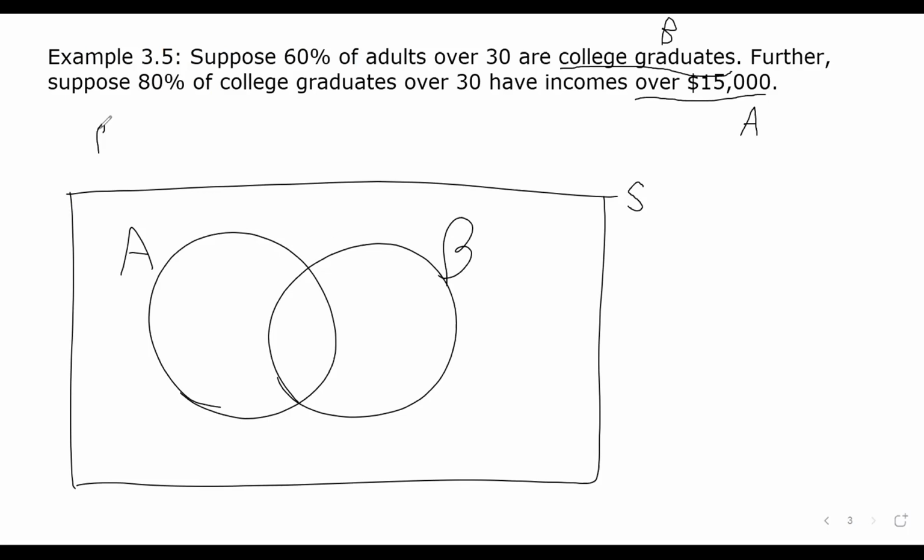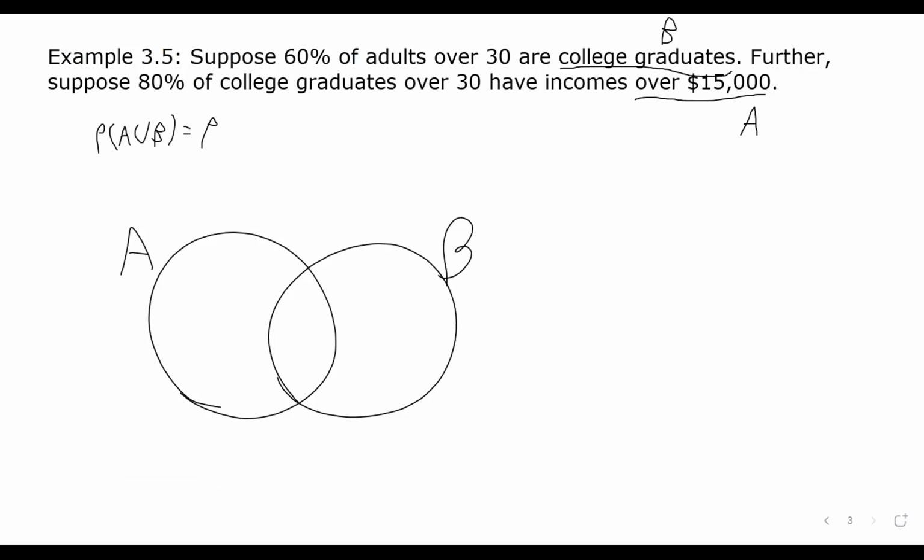So the probability of A union B is equal to the probability of... We're just looking at sets A and B. That's everything, so A and B is everything.